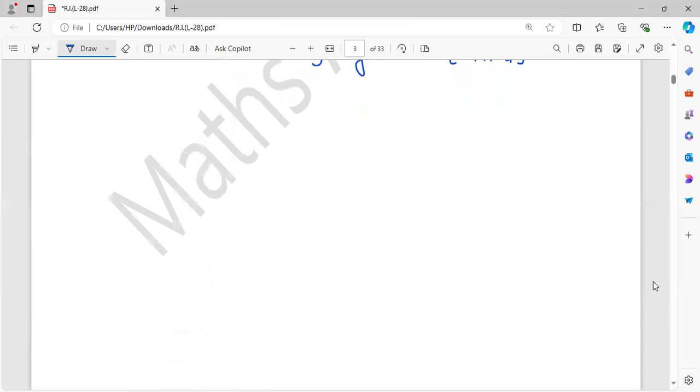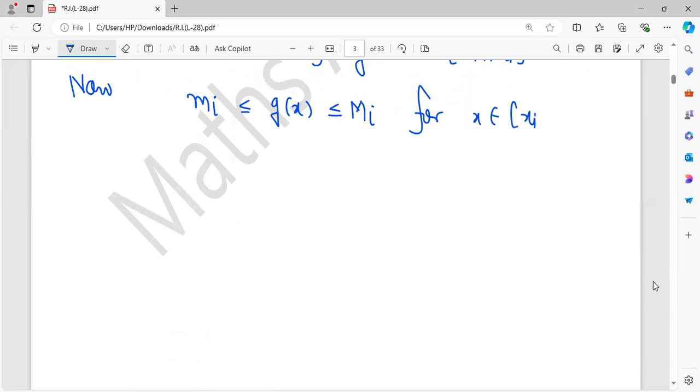Now, mi is less than or equal to g(x), which is less than or equal to capital Mi, for x belonging to [x_{i-1}, x_i].